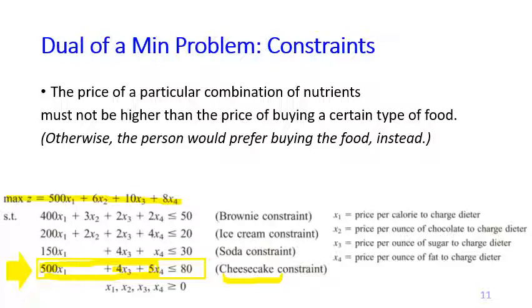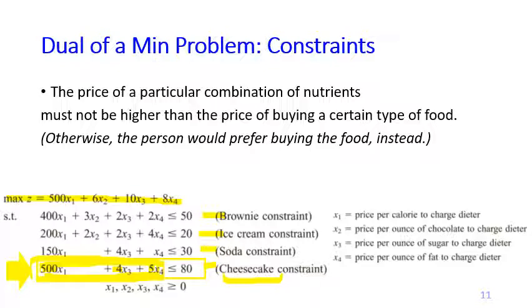So if the salesperson sells calorie, sugar, and fat such that the total price of this combination is greater than 80, it means that the person will say, no, I don't want your nutrients. Let me just buy a piece of cheesecake, and I will obtain the same amount of nutrients, right? Why would I want to buy the nutrients from you when I can buy a cheesecake with a cheaper cost and I get the exact same amount of nutrients, right? So the dieter has the constraint for brownie, ice cream, soda, and cheesecake with the same reasoning.